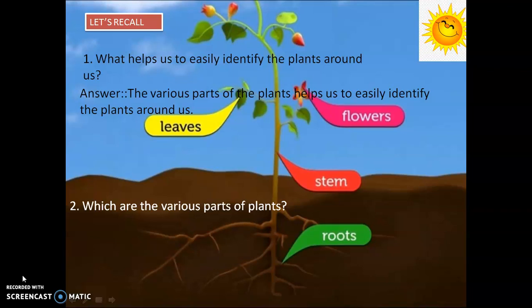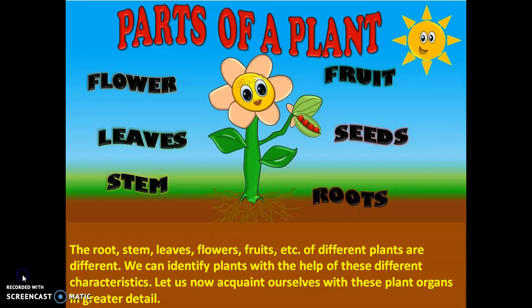Then, which are the various parts of the plant? I am sure you all know this answer very well. The various parts are root, stem, leaves, flower and fruit. The root, stem, leaves, flower, fruit of different plants are different. We can identify plants with the help of these different characteristics.